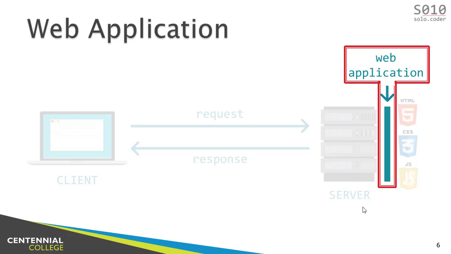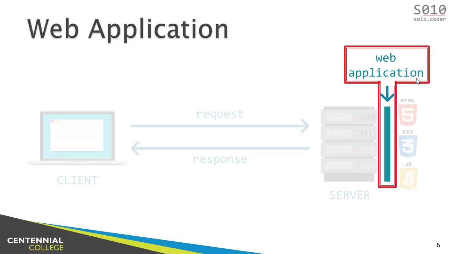So we're gonna be exploring how to put together this slice here, this web application. You can call it backend development. We're gonna be doing backend development here, even though we're gonna be touching a little bit on the front end as well, as you have seen already a little bit of that with party invites, but our focus will be in the web application part.